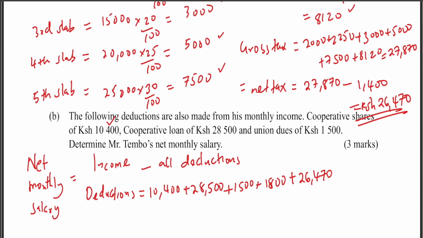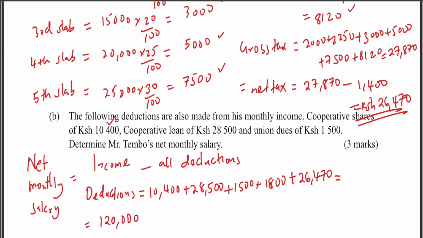So if you add all of this up, how much will it give you? 10,400 plus 28,500 plus 1,500 plus 1,800 plus 26,470 gives you 68,670. His income is 120,000.